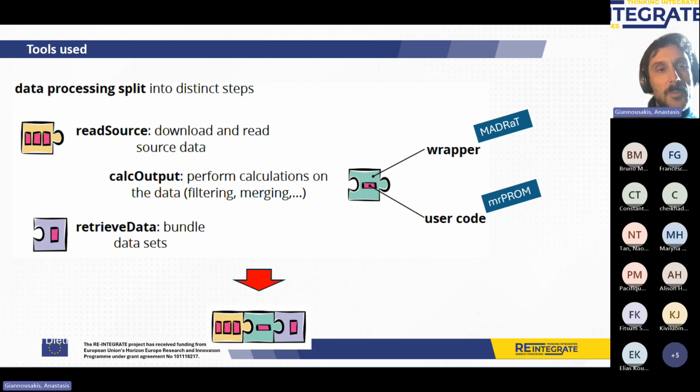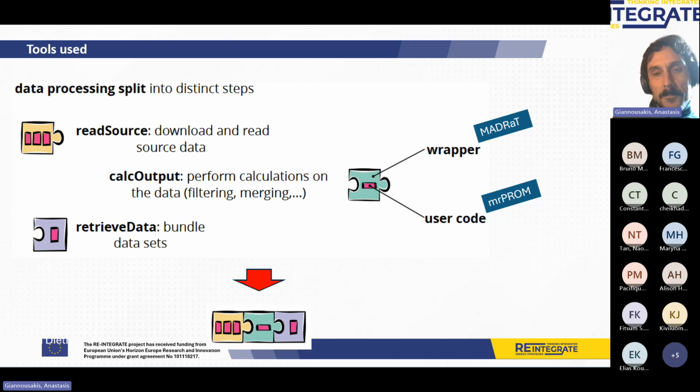So the first step would be to read in a data file that you have received in any form or that you have downloaded from a data provider from the internet. What you want to do with this read source puzzle piece is to just read in the data just as it is.